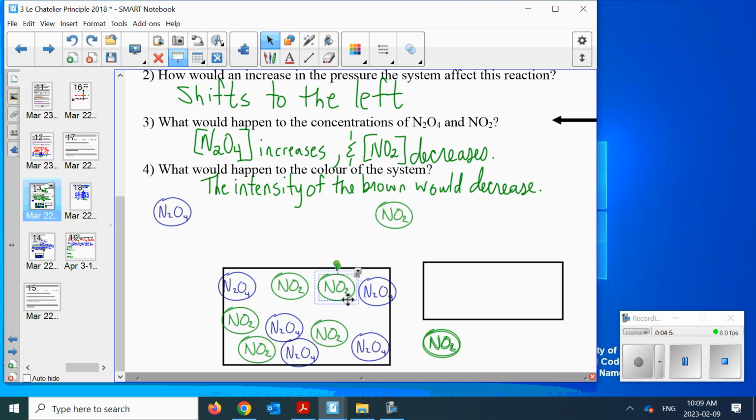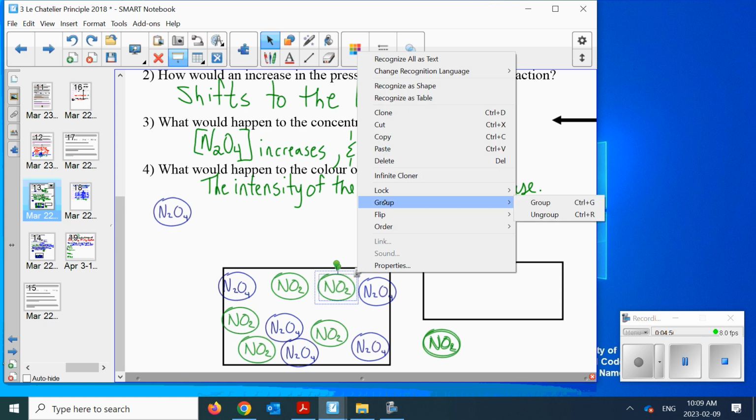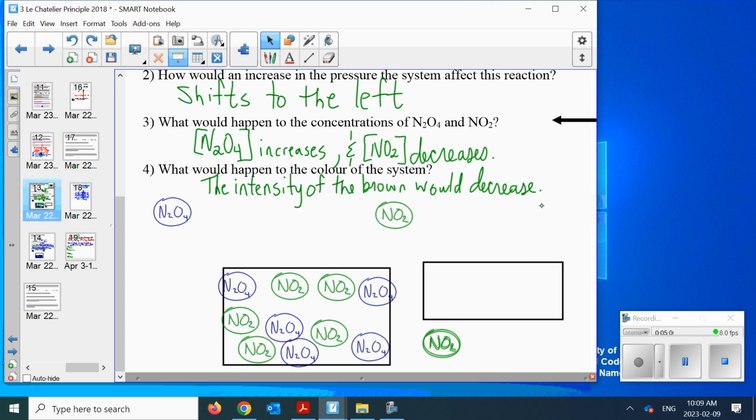You can see that that will happen again. Anyways, they're floating around. You see what happens. More space, it'll shift to the side that can allow more particles, right? That makes sense.